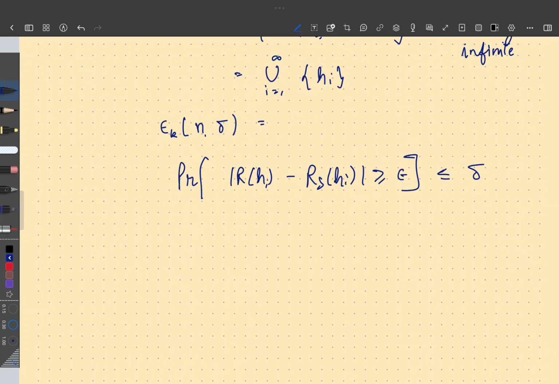Right? And I want the epsilon in terms of n and delta. For a given delta and n, what is the smallest epsilon that I can achieve? So how do you get a bound on this particular quantity?